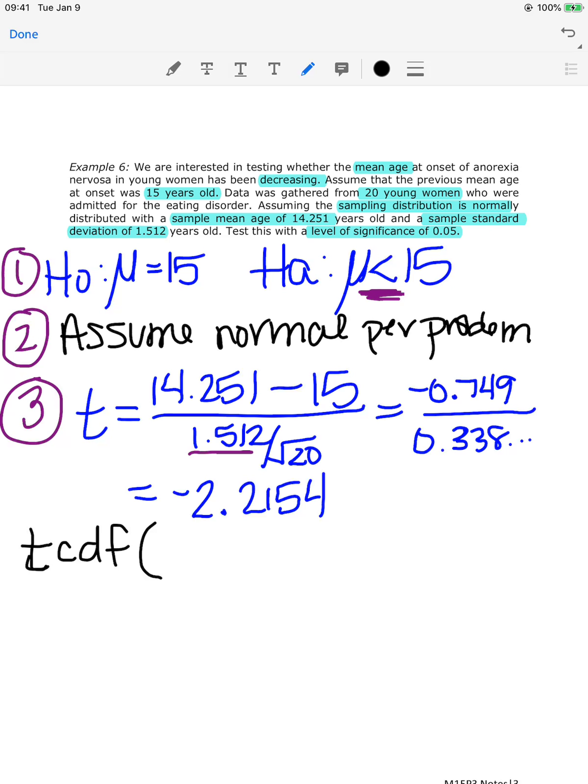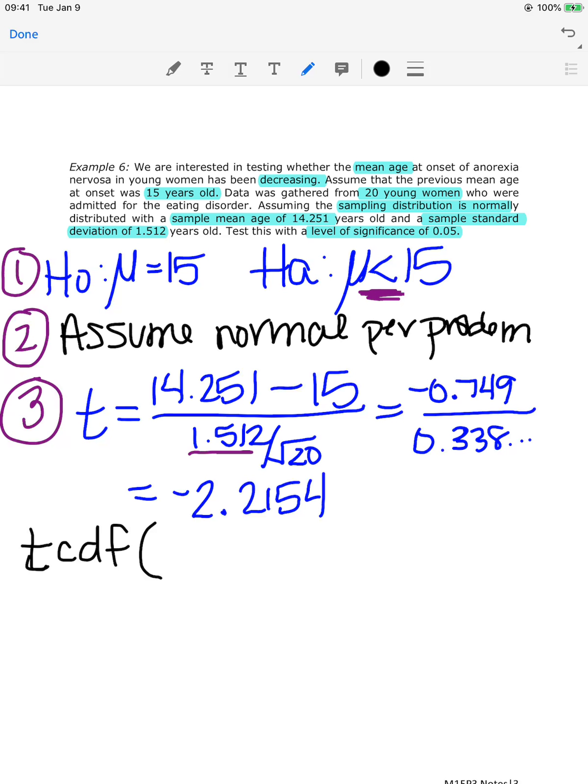If you're using a TI-83, it is option number 5. If you are using a TI-84, it is option number 6. That's because the TI-84 has one more option than the TI-83. And it's not a big deal.